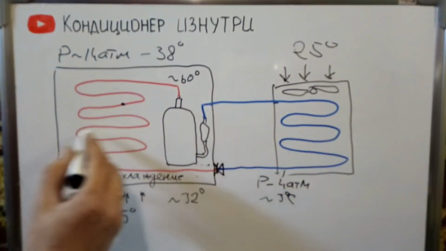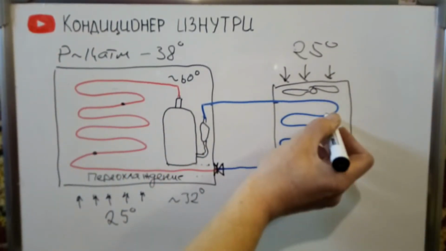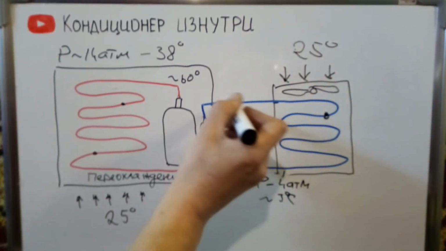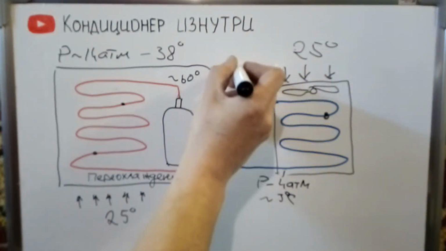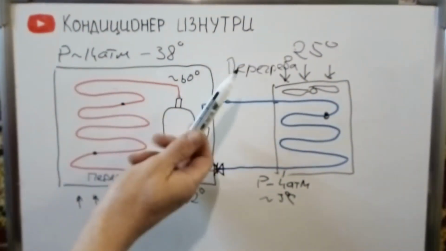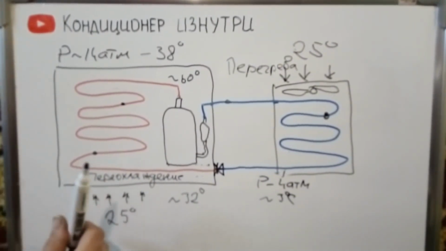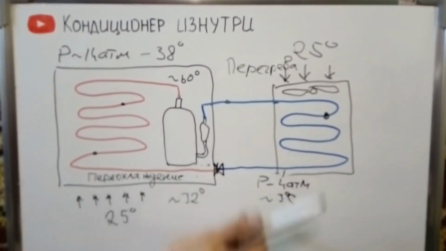Here it gives heat away, here it absorbs it. And somewhere at this point it will completely evaporate. The temperature will rise a little more by the amount of overheating. These two values, overheating and supercooling, are quite important to ensure the normal operation of the refrigeration circuit.